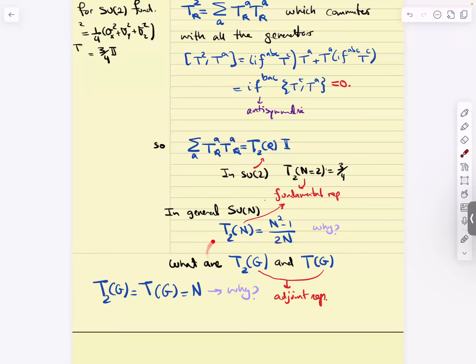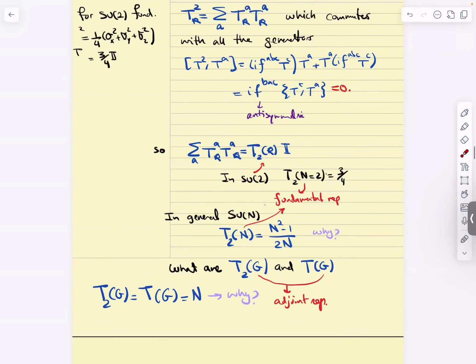In the adjoint representation of SU(N), these two guys are equal and equal to N. Show that. This is pretty much all you need to have in mind, right? So if you're dealing with the fundamental representation, right? T of N is, did I not say this?